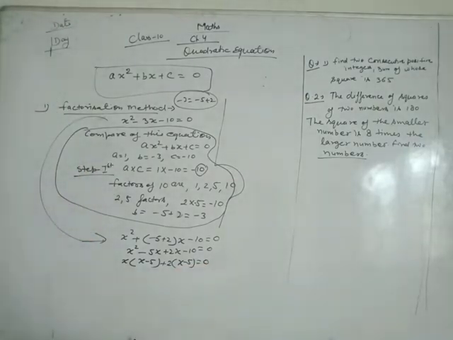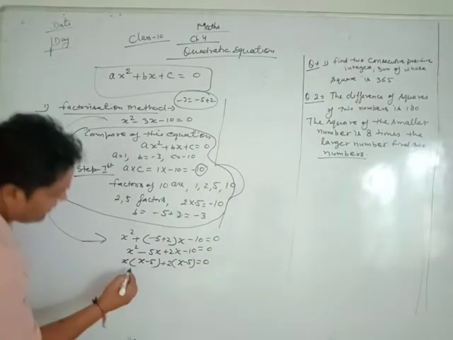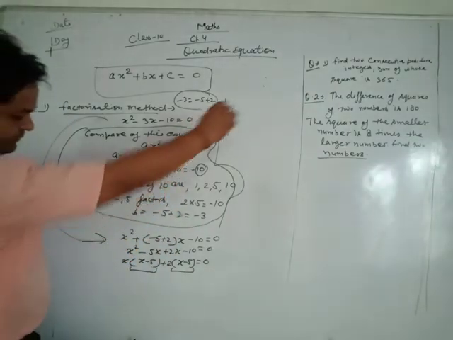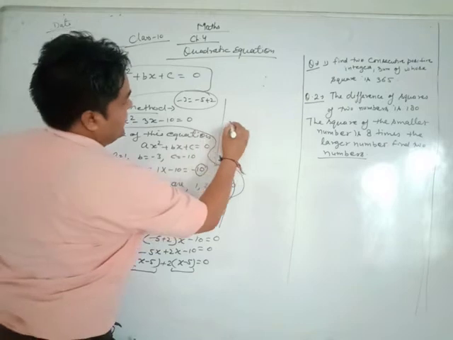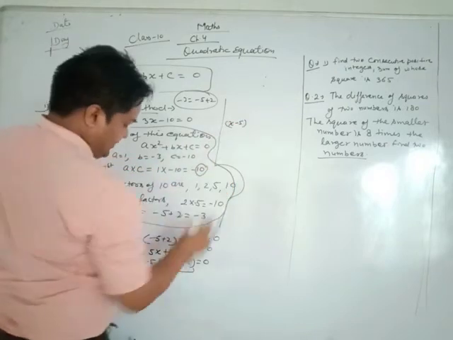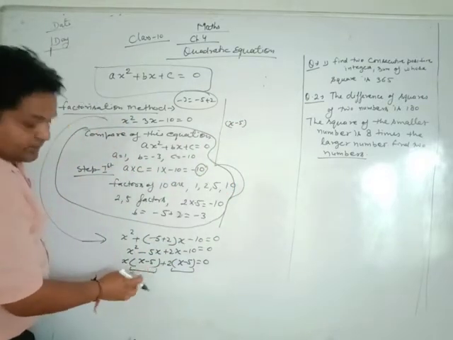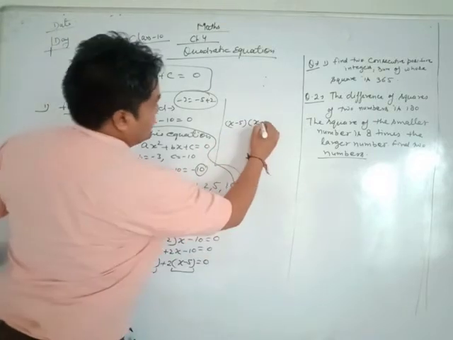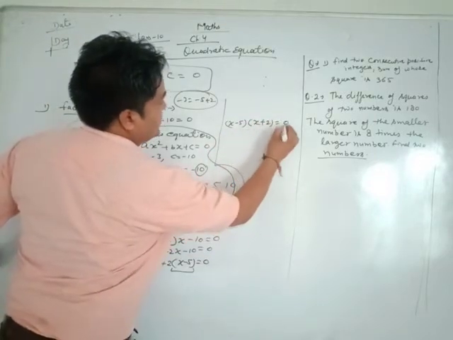Now again, x minus 5 is also common, then we can write x minus 5 times x plus 2 equal to 0.